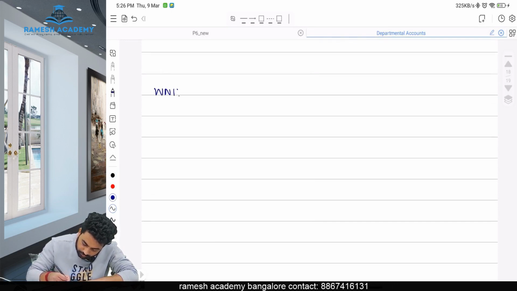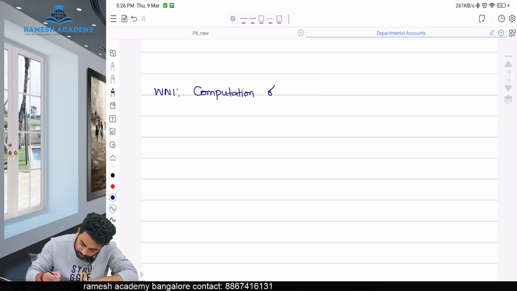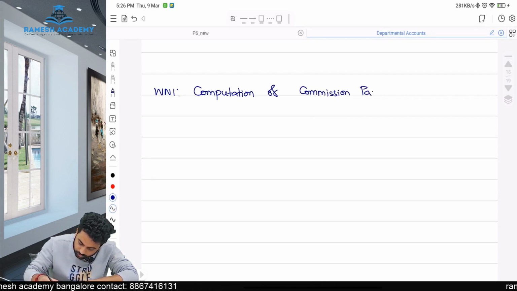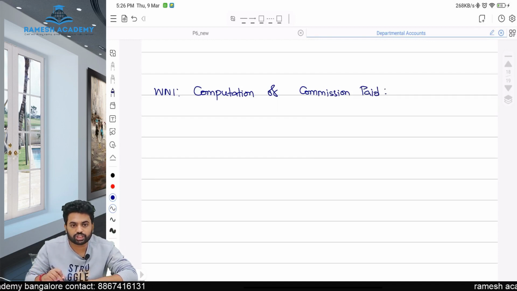Working note 1. Computation of commission paid.